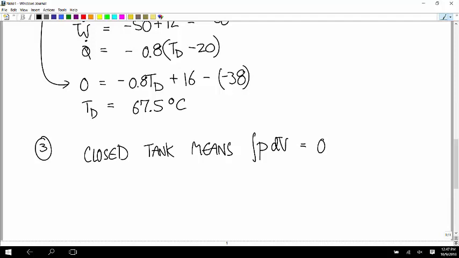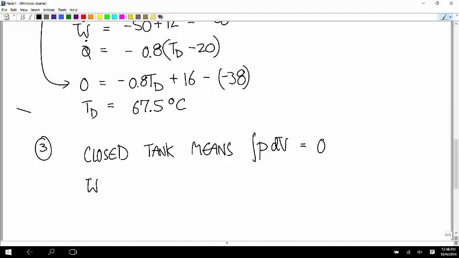Are W or W dot going to be positive if work is done on the system or positive if work is done by the system? By the system, on the surroundings. So this says that work is done at this given rate on the system.